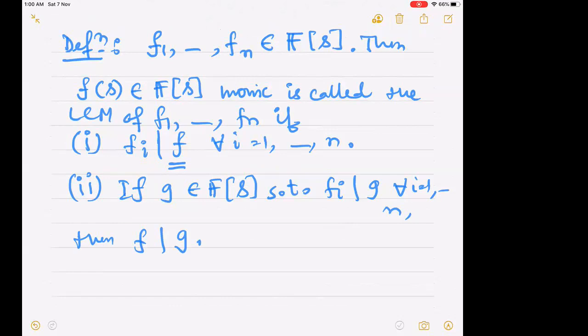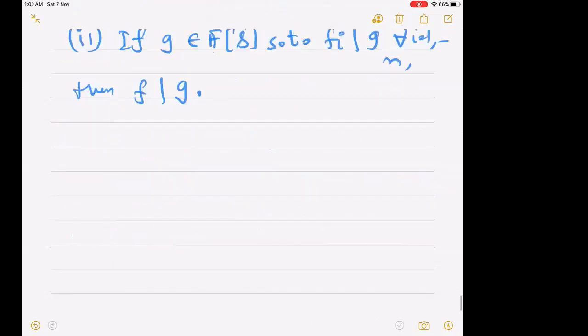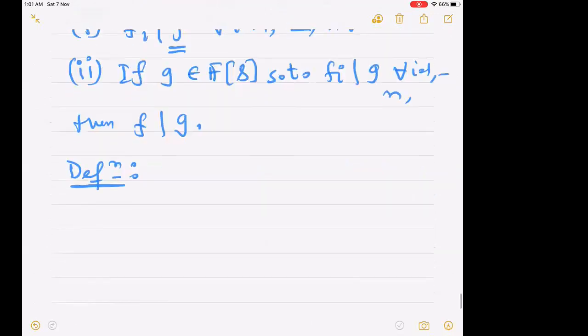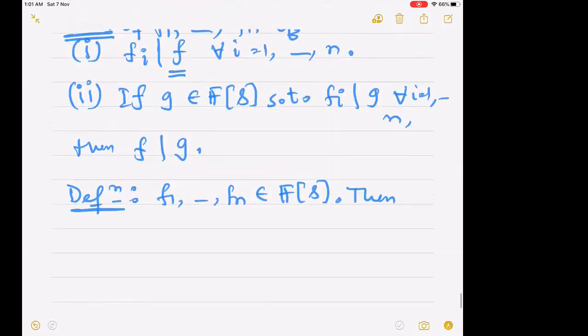All right. The corresponding dual idea of this is the greatest common divisor. Now that we have defined this LCM, let us define the greatest common divisor also, GCD. So suppose f1 up to fn once again are polynomials in F[x], then say g in F[x], monic.